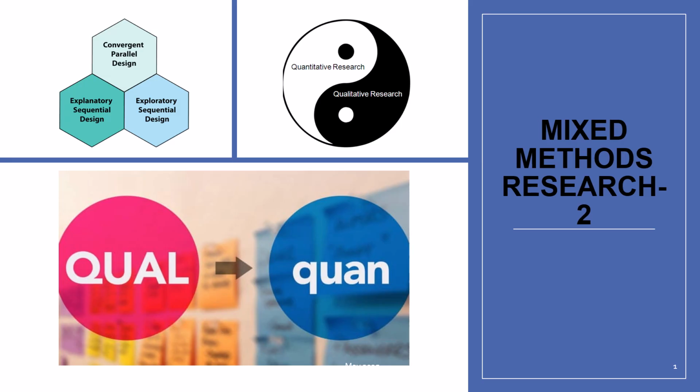For example, we mentioned that mixed method research can be used to offset weaknesses of one method and take advantage of the strengths of the other method, to compensate for the particular weakness of a research method.